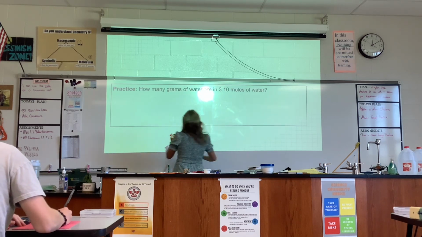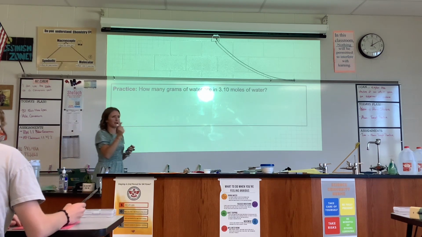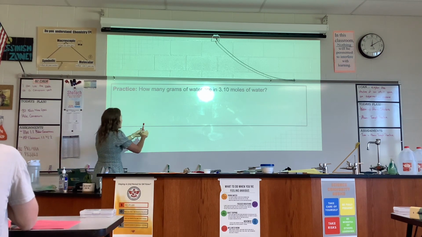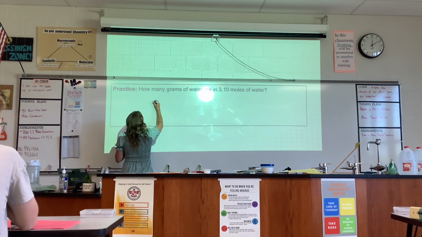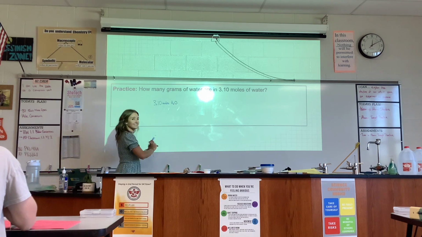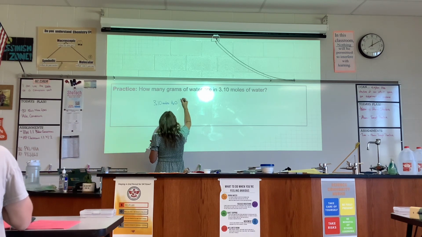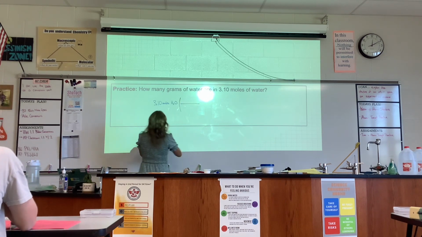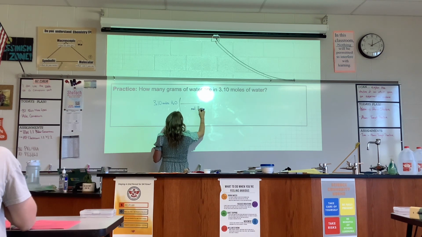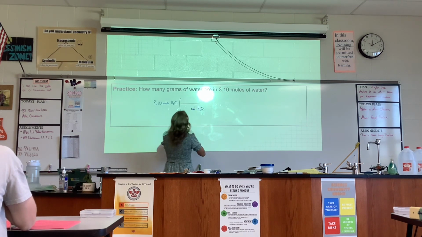Okay, so our question says, and I wouldn't recommend writing this as I go because I might be making a mistake. All right, so I'm starting with what I know. So I have 3.10 moles of water. Then my teacher told me to put the same unit here, so I'm going to do that there.